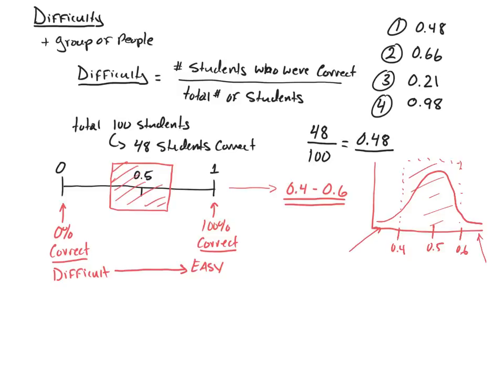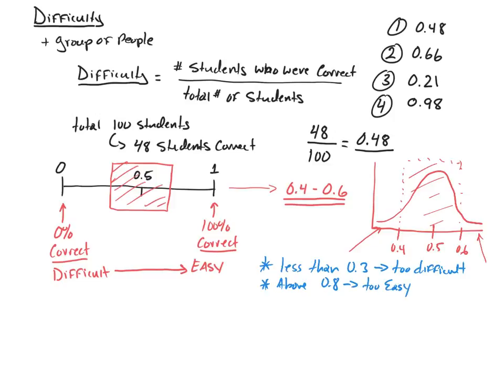And so we can kind of come down to some other general rules. If we have a difficulty that's less than 0.3, these tend to be very difficult. These tend to be too difficult. All right, so less than 0.3 tend to be too difficult. And greater than or above 0.8 tend to be questions that are too easy.